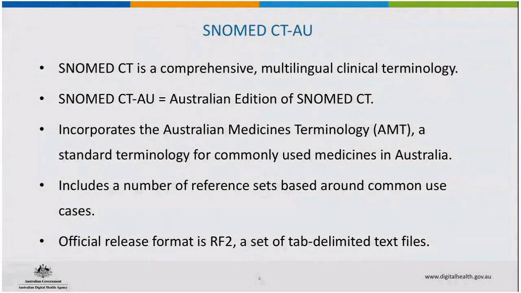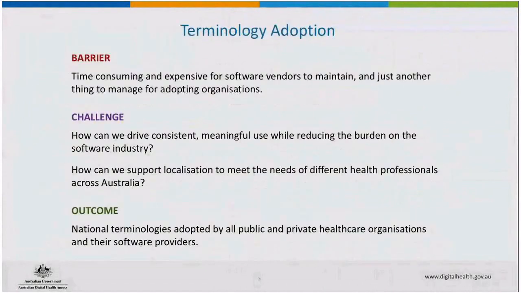Now, having spruiked SNOMED CT, I've got to admit that there is a lot of difficulty in managing and consuming that complexity. This has often been a common criticism of the terminologies we've historically released and has been flagged as one of the barriers to adoption. So, with the initiation of the NCTS, we thought, well, let's consider all those adoption barriers and engage with our stakeholders.